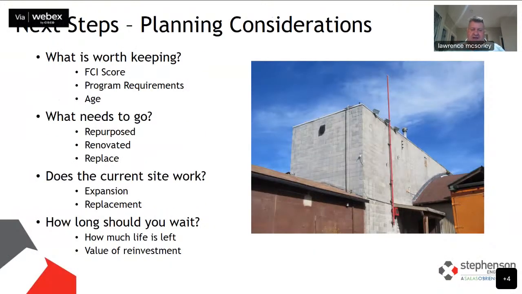So the next steps, I know that you're going to be launching a review of your recreational master plan. When it gets down to buildings, we have something that we call a program plan that we develop.